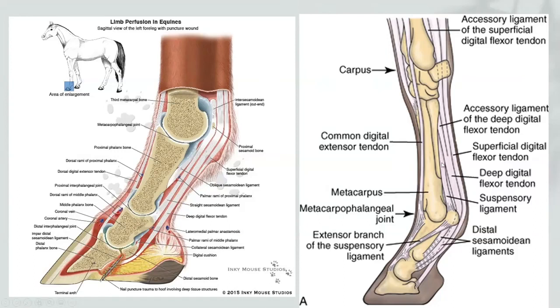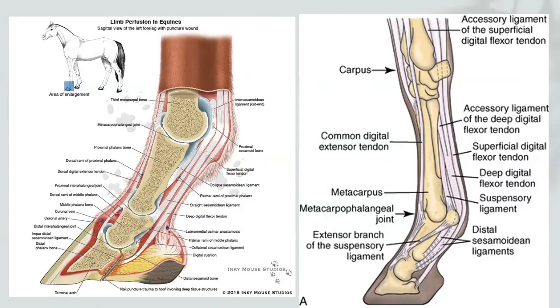All right, so we've got the suspensory ligament here. Which one runs down the center here? Anybody know the name of this one? It comes and inserts all the way down here. What's the name of this tendon?